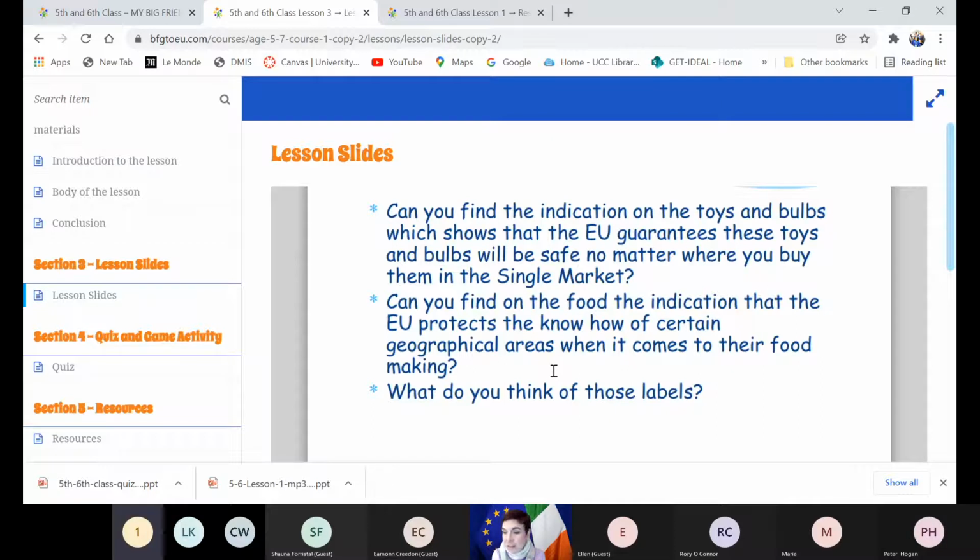There's also another exercise with toys and bulbs, where you get them to look for the EC symbol, which indicates that it has been approved as safe by the European Union. All this is to get them to realize that there are a number of rules in the European Union that protect our food, our toys, our electrical equipment, and make us safe as consumers.